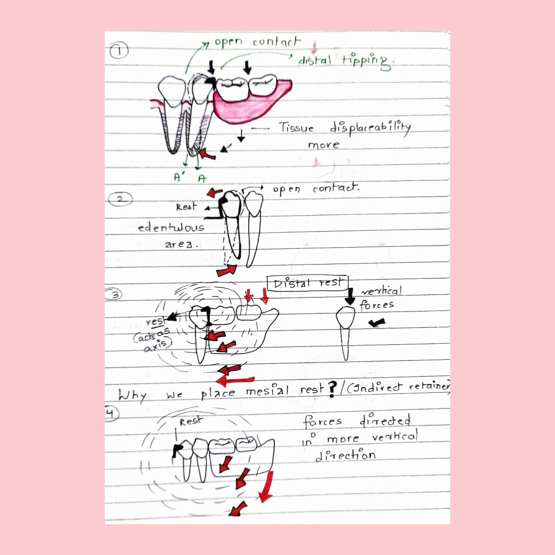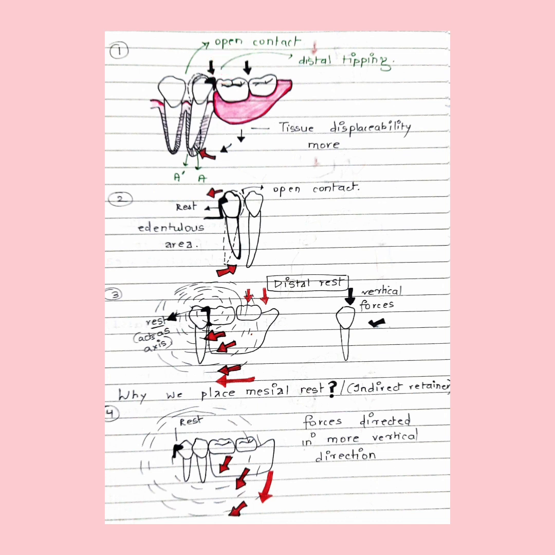This will produce horizontal or off-vertical forces and cause tipping of the root of the abutment tooth, and it will shift from A to A dash. Thus, there will be distal tipping of the abutment tooth, which will lead to an open contact between the adjacent tooth and the abutment tooth.